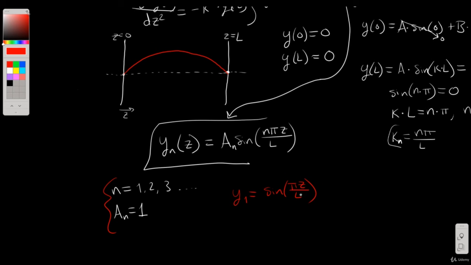And if n is equal to 2, well, what is that? Sine of 2 pi z over L, right? And so when z is equal to L, these cancel out, and you have sine of 2 pi.